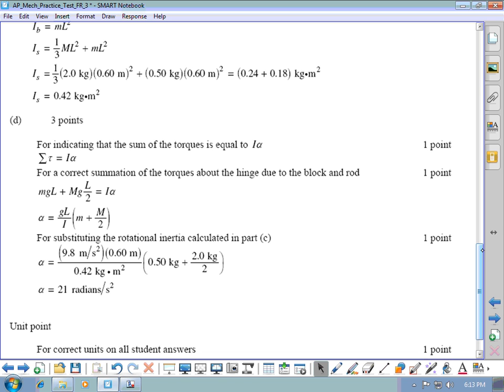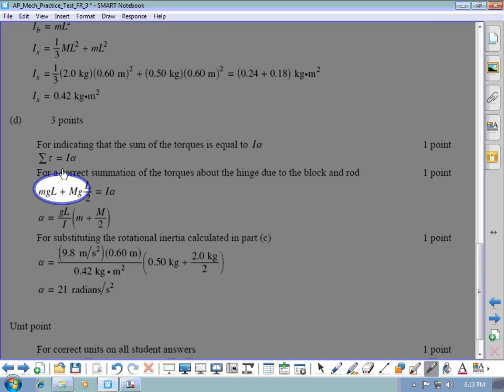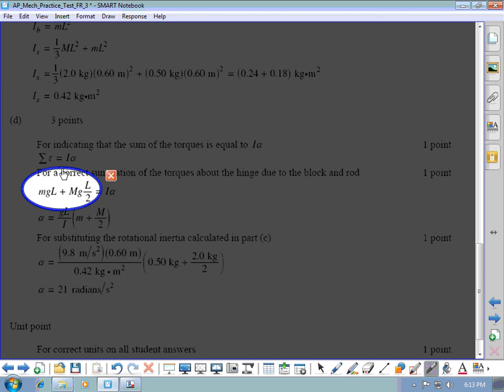And part D, this is not an equilibrium, so the net torque equals the rotational inertia times the angular acceleration. So it was 1 point for saying that or implying it with your formula. It was 1 point for correctly calculating the torque due to the two weights.